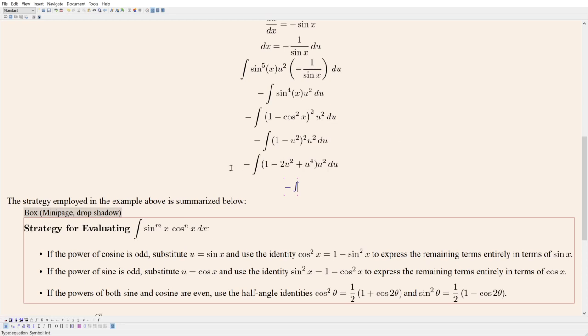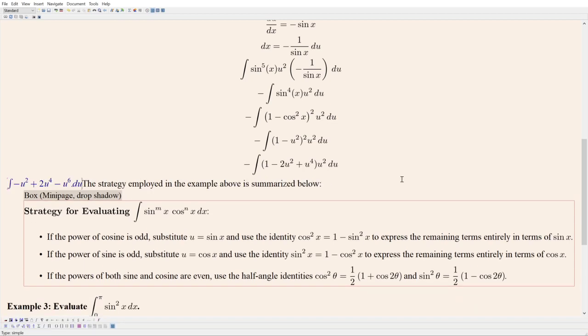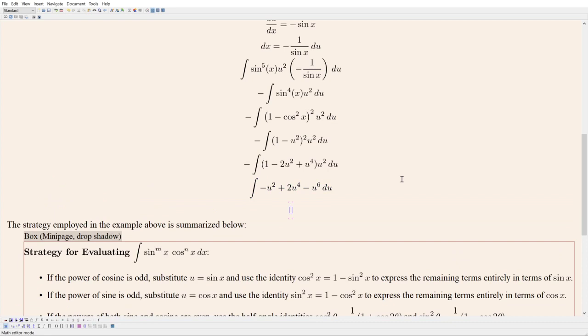Now I kind of want to bring this minus sign back in. So how about I do that? I'm also going to take the u squared and distribute that through. So we have minus u squared plus 2u to the fourth minus u to the sixth du. Okay, and now, of course, this is easy to integrate because this is just power rule.